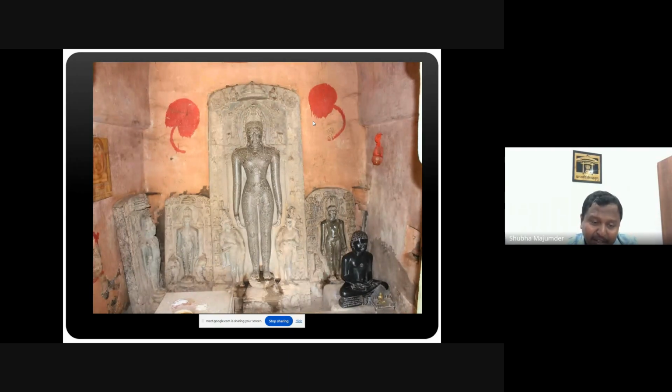In the left side image, only the 24 Tirthankara are missing; no miniature Navagraha images are depicted. But the presence of these images indicates the popularity and the existence of one of the important pilgrimage centers, another important pilgrimage center in the Chhotanagpur Plateau, the core area of the Chhotanagpur Plateau.